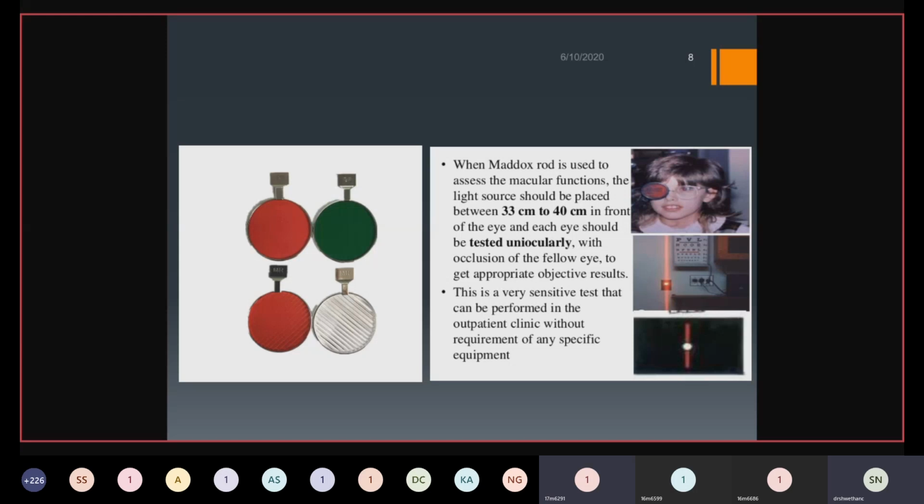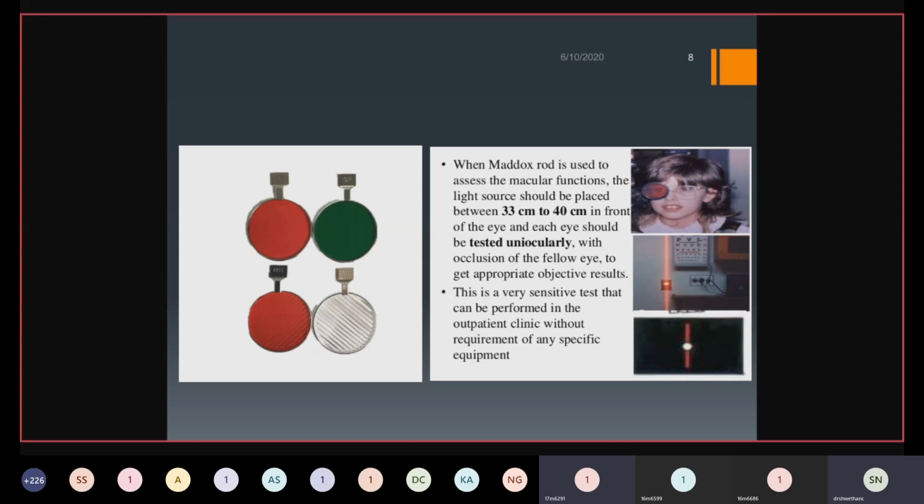So how do we do this Maddox rod test? This test is very sensitive. We assess the macular function, and the light source is placed around 40 centimeters from the patient. Each eye is tested at a time. It is a uniocular test, and we occlude the fellow eye.